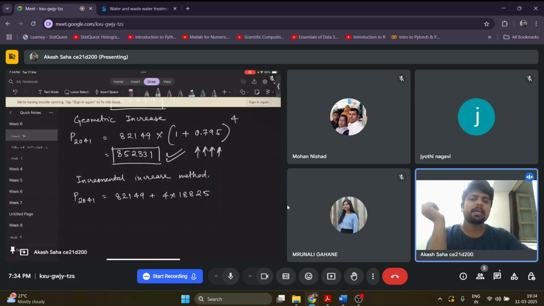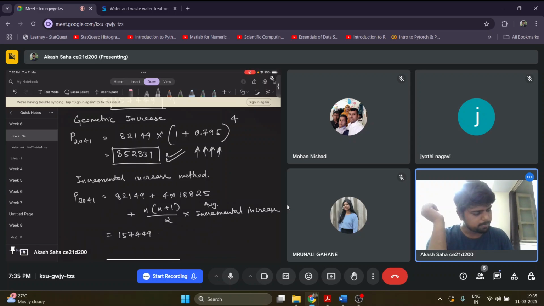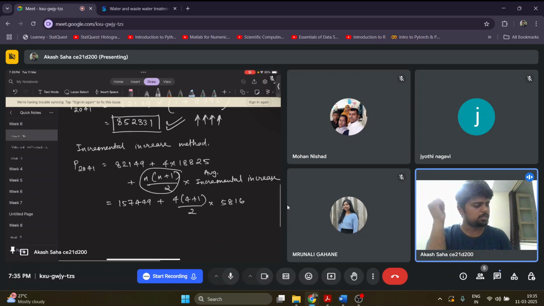Now we have to add the incremental change also. So it will be plus n into n plus 1 by 2 into the average incremental increase. So this will be nothing but 157449 plus this whole term, which will be 4 into 4 plus 1 by 2 into the average incremental increase 5816.